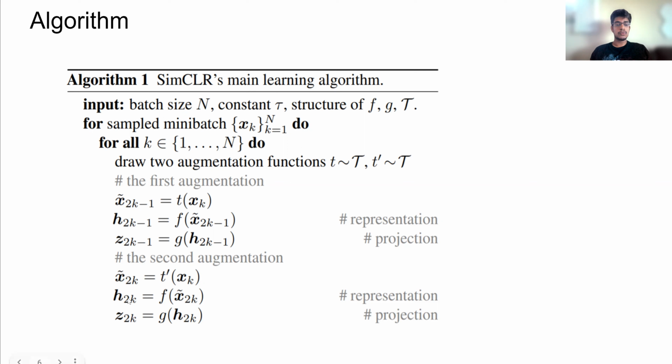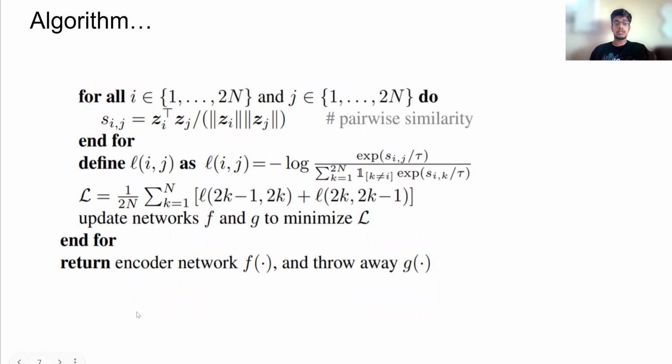So you get two zs, z2k minus 1 and z2k. Now what do you want to do? So here you want to maximize the similarity between those representations. They should be almost equivalent because they are the same image. So the idea is that you find the cosine similarity between those two representation vectors for the images.